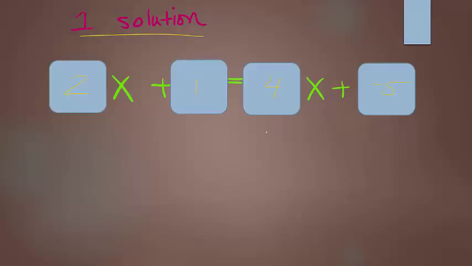So let's try to clean this up and see what we get. We'll bring this 2x over. We get 1 equals 2x take away 5. Now we'll add 5 to both sides. So we get 6 equals 2x. Now we're multiplying by 2. We'll undo that by dividing by 2, and we get 3 equals x. All right, yay. So this type of an answer is the kind you get when you have exactly one solution.